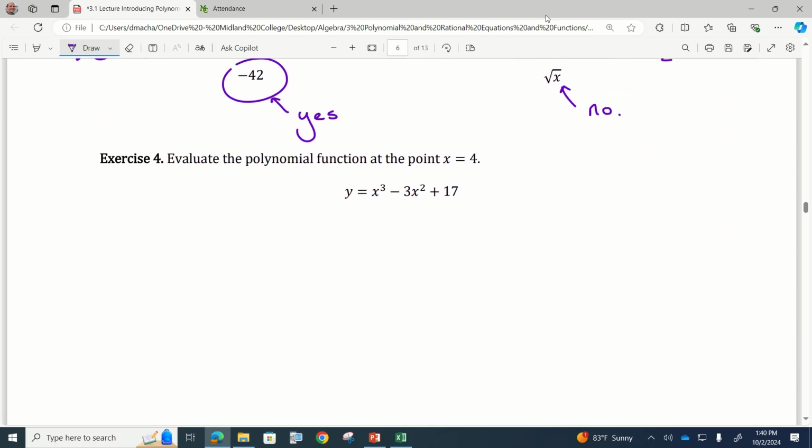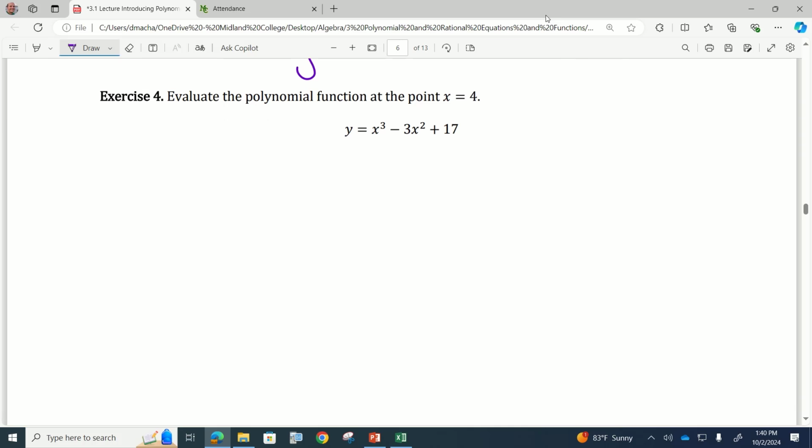All right, so we might ask, evaluate the polynomial function at a given point. And, you know, I wonder why I even put this in my notes, because it works just the same as it always has. You're going to look at the point where we're trying to evaluate. This time, the input value is x equals 4. So I go to my function, I rewrite it, but every time I see an x, I'm going to replace it with a 4.